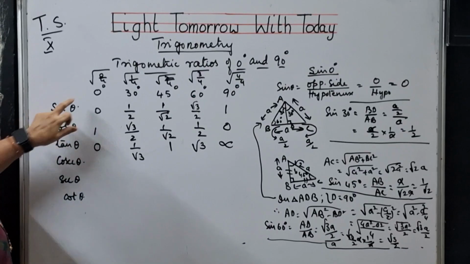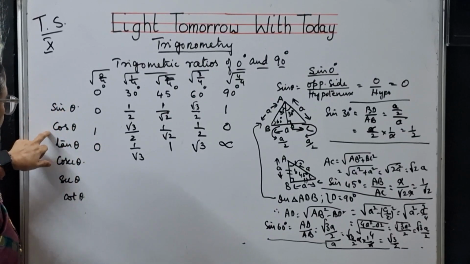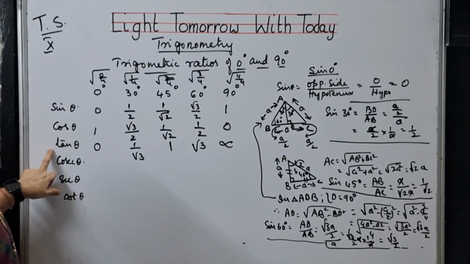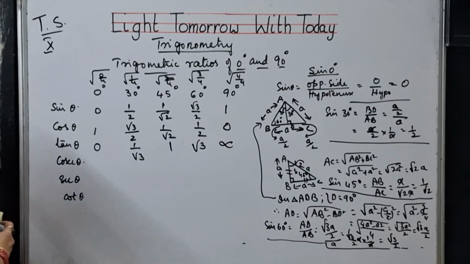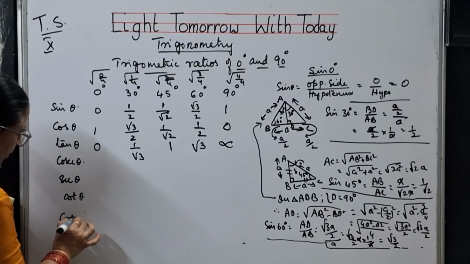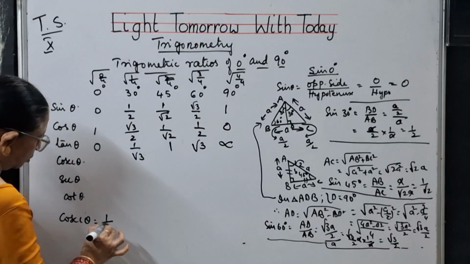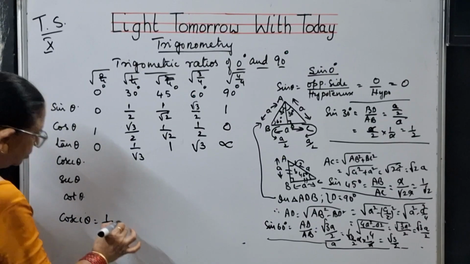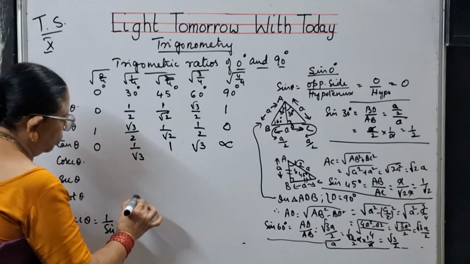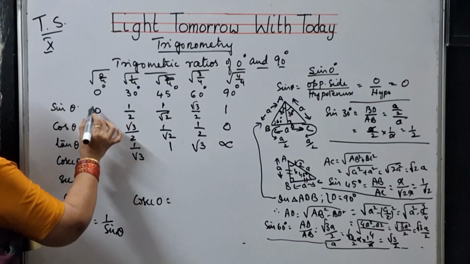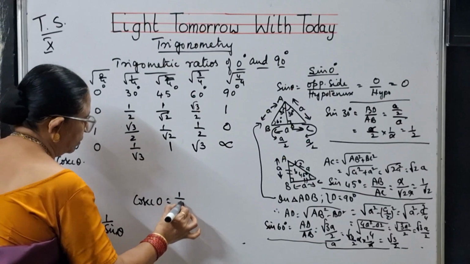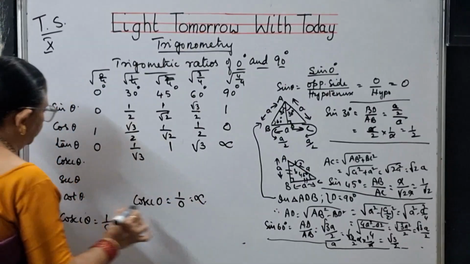See, when you have finished sine, you could write cos, you could write tan. After writing tan, cosecant. What is cosecant theta? Cosecant theta is 1 by sine theta. So when you go for cosecant 0, sine theta 0, 1 by 0. 1 by 0 is infinity.